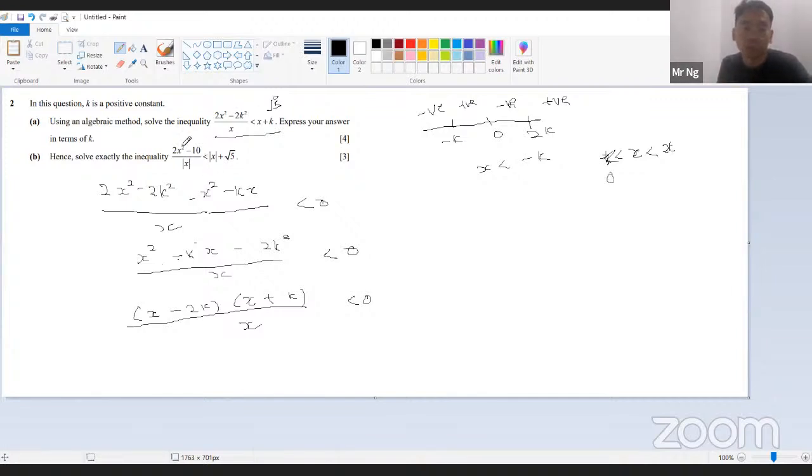So we need to replace x with mod x. But replacing with mod x is the same as 2x squared, because they are just positive. That magnitude times together then times 2, so their value will be the same. So over here, we replace k with square root 5.